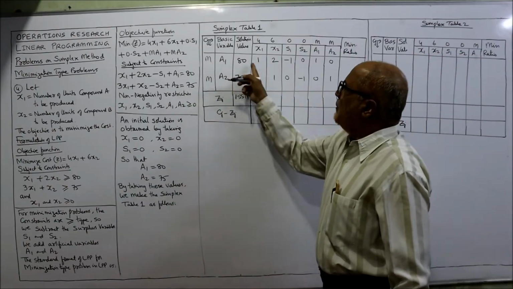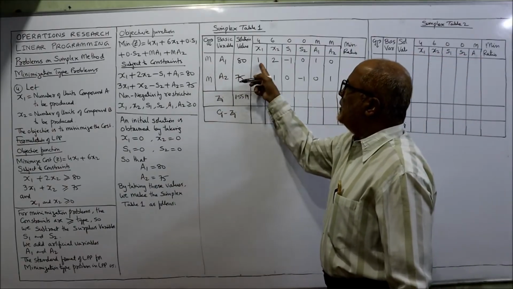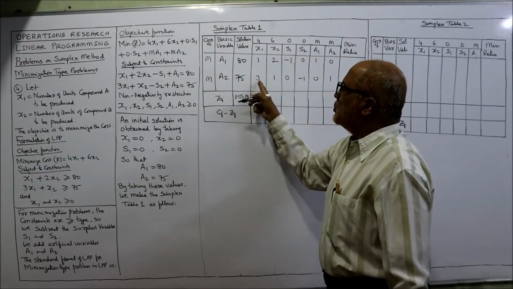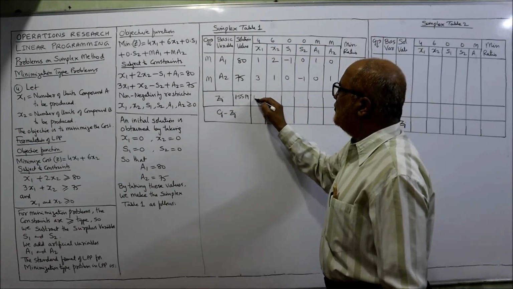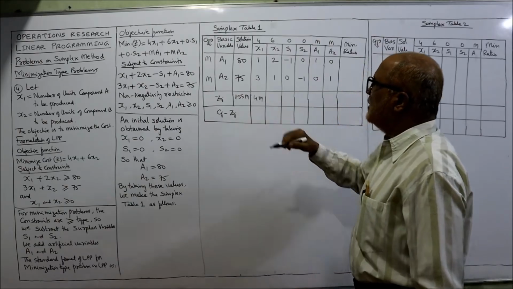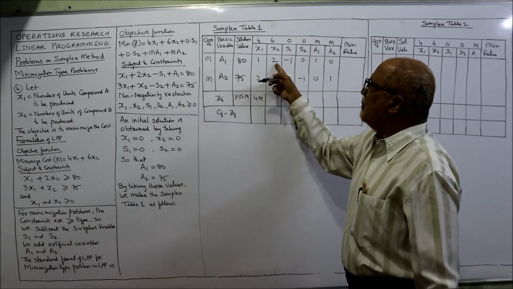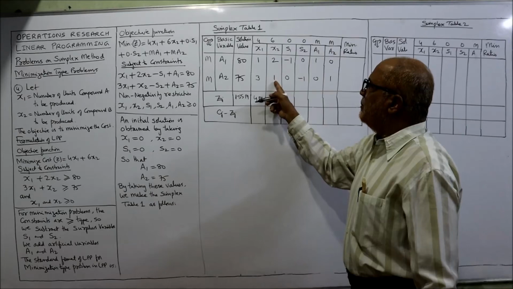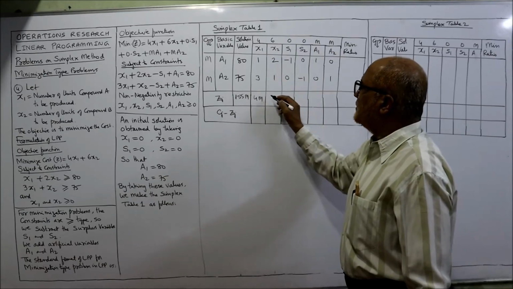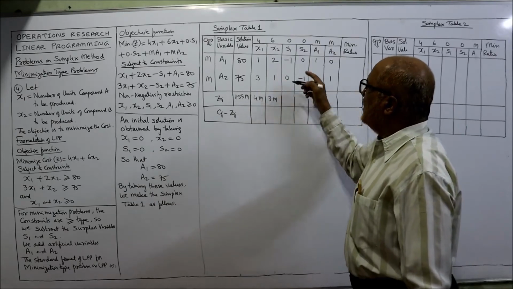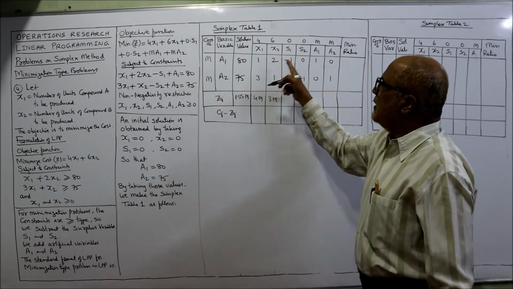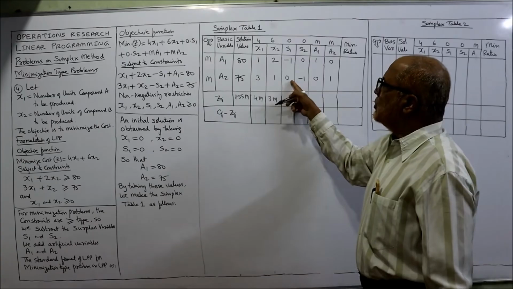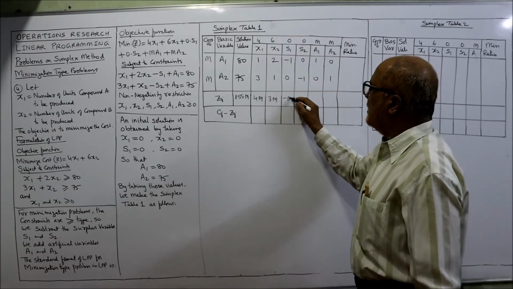Now 1 into M is 1M. M into 3 is 3M. So 1M plus 3M comes to 4M, right? Then M into 2, 2M, plus 1 into M, M. 2M plus 1M is 3M. Here, M into minus 1 is minus M, and M into 0 is 0. So here we write minus M.